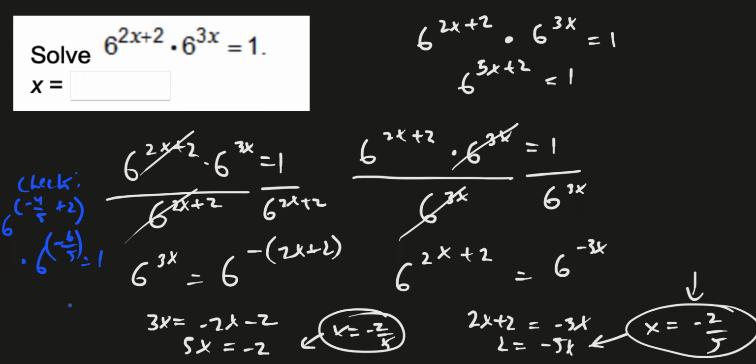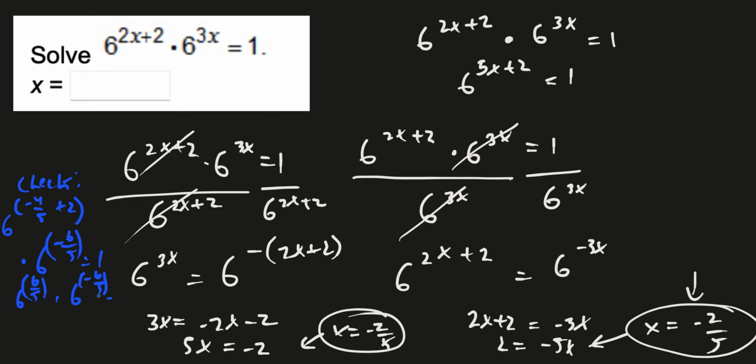This is equal to 1. Well, let's see. How is this going to be equal to 1? Maybe they're going to add together and maybe give you 0. I don't know, I'm just guessing. So negative 4/5 plus 2: 2 can be written as 10/5, and that's going to be 6/5. So 6 raised to 6/5. Yep, what I said was right, because we can see that it happens.